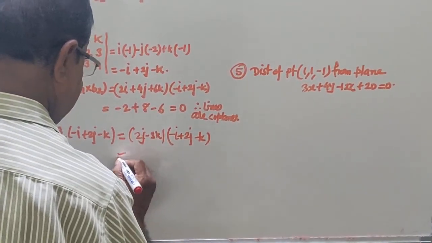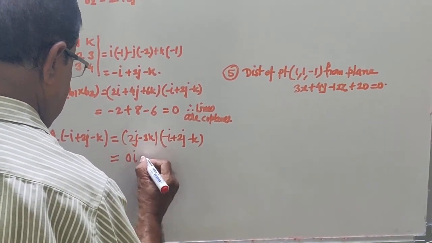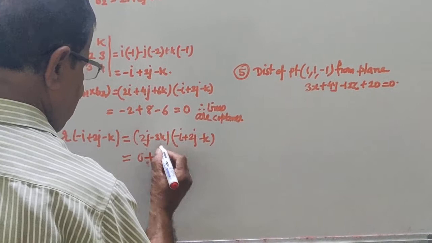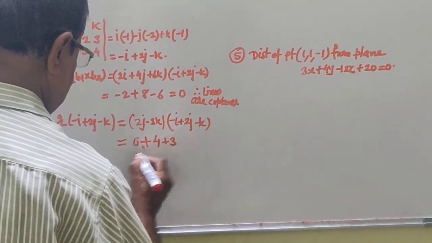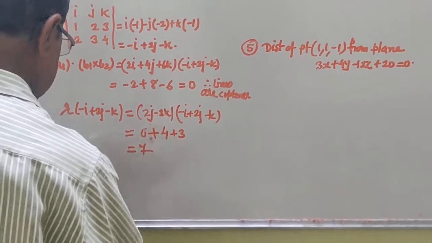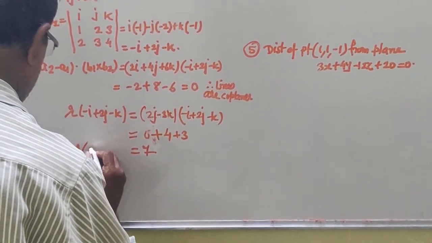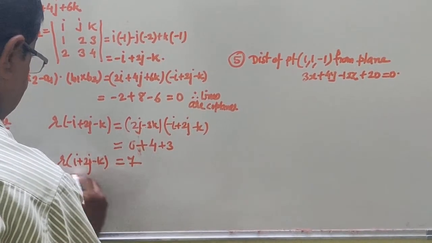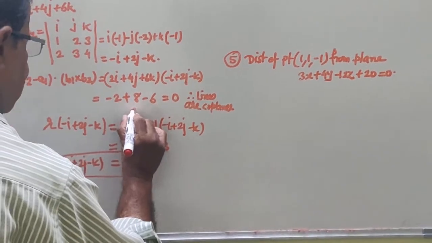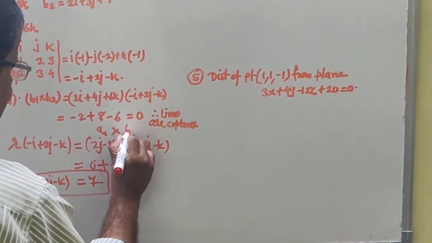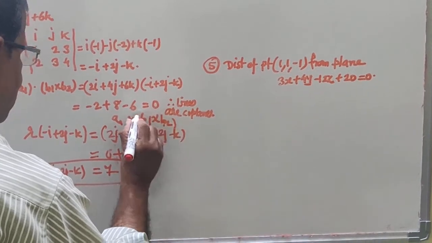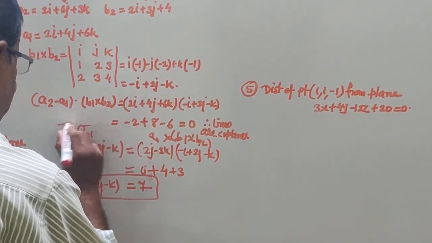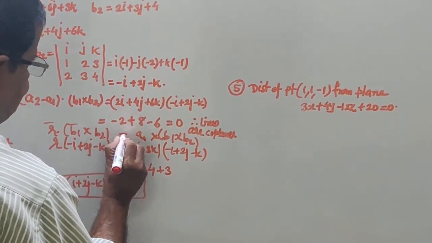Now I am simplifying this. 0i, 0 will come here, then 2 times 2 is 4 will come here, and minus minus plus 3 will come here. Now this is equal to 7. This is the vector equation of the plane: r dot (minus i plus 2j minus k) is equal to 7.